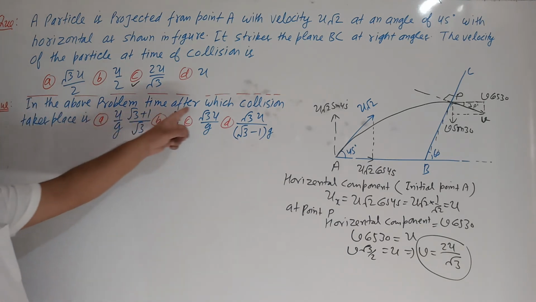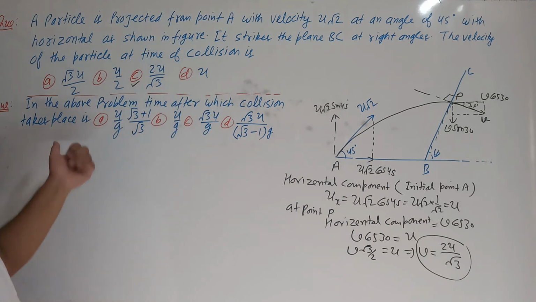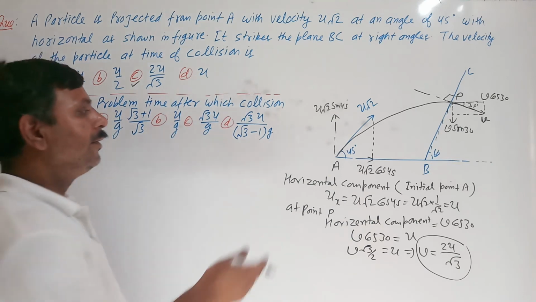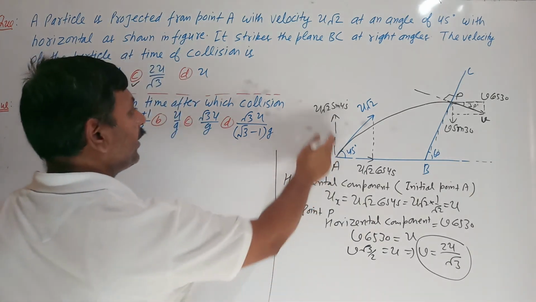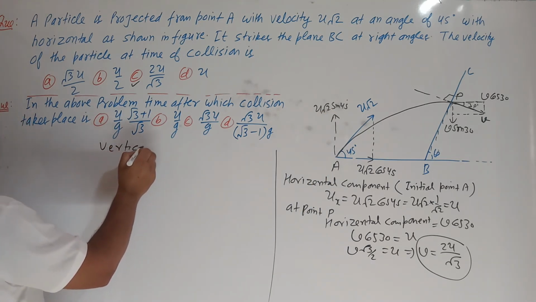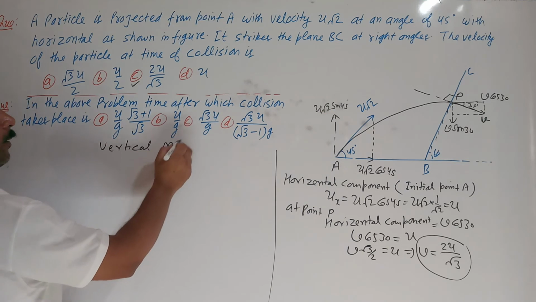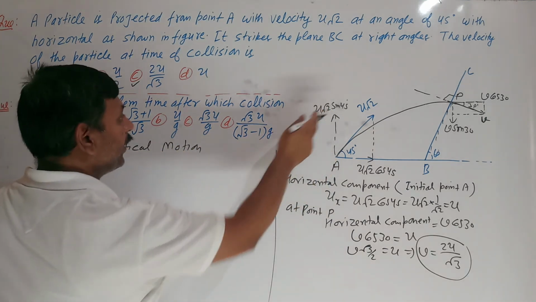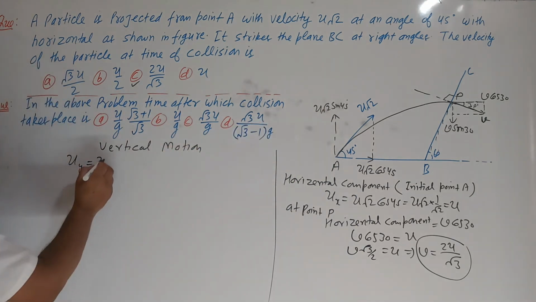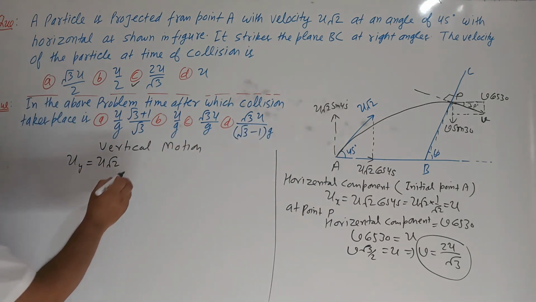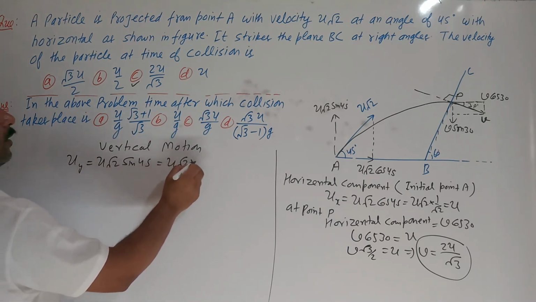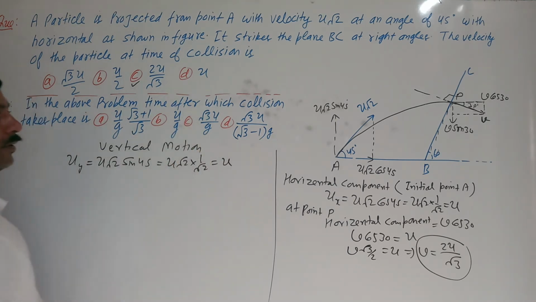Another question they are asking is the time after which the collision takes place. For time we will take the vertical component, vertical motion. See here, the initial velocity uy is u root 2 sin 45, that is sin 45 is 1 upon root 2, that is u.